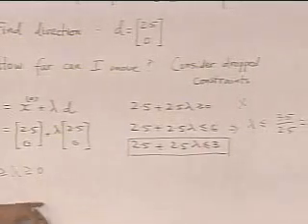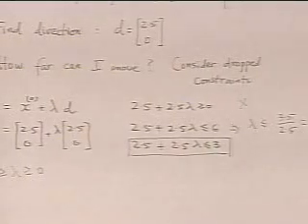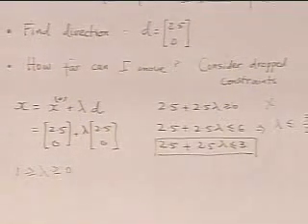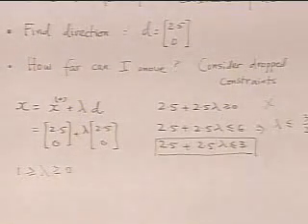I want lambda to be less than or equal to 1, because lambda greater than 1 means that I went past the point I wanted to be at, x0 plus d. So I want to stop at 1. But maybe the constraints tell me that I can't even reach lambda equal to 1. But if I reach lambda equal to 1, I don't want to go any further.